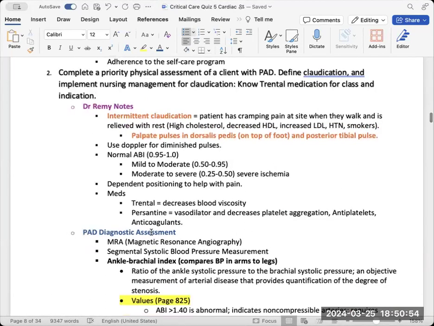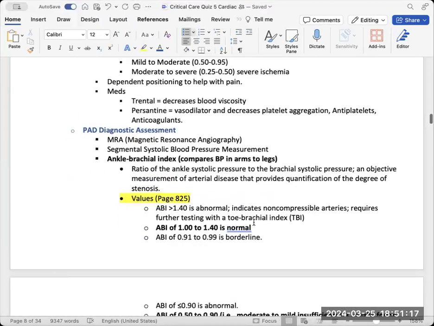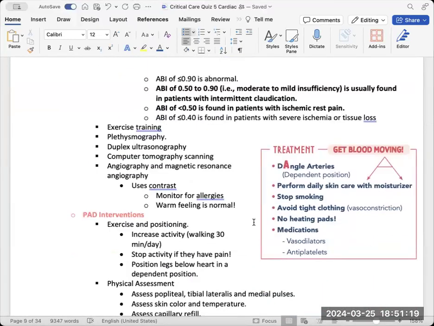She mentioned Trental, and Trental decreases blood viscosity, which helps improve blood flow by decreasing the thickness of the blood. And she also mentioned Persantine, which is basically a vasodilator, so it helps open up the arteries, but it also inhibits platelet aggregation, so you don't have to worry about so much clot buildup and things like that, right?